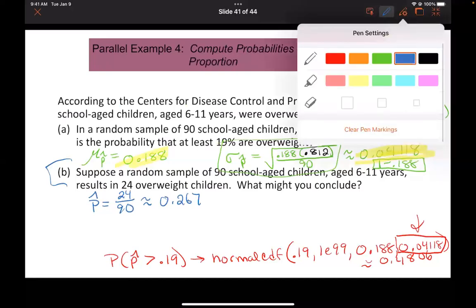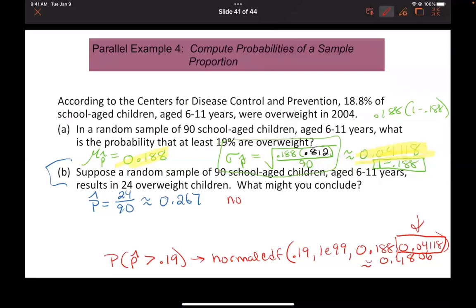I'm just going to throw it in my calculator here. The normal CDF, 0.267, 1E99. Use the same numbers that I already had in there. This should be real quick because we have everything already in there except for that P hat. So you should just be able to fill in the new P hat.